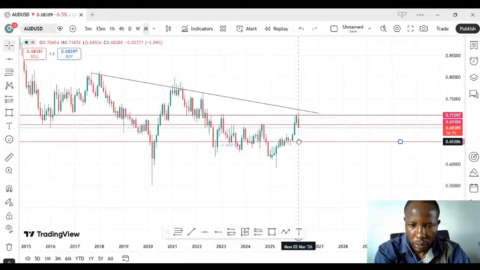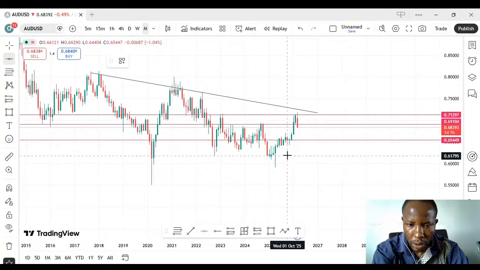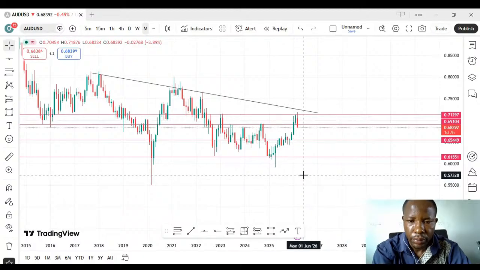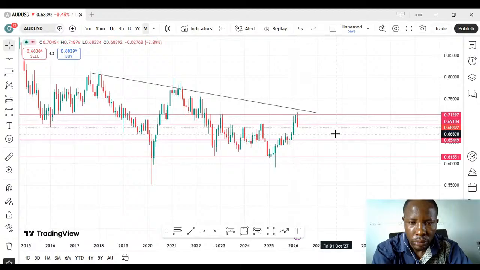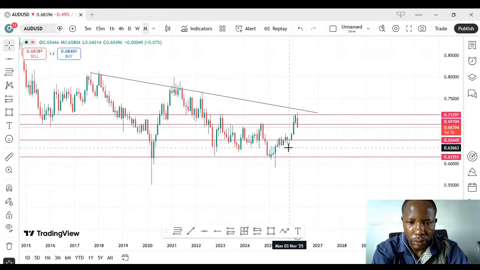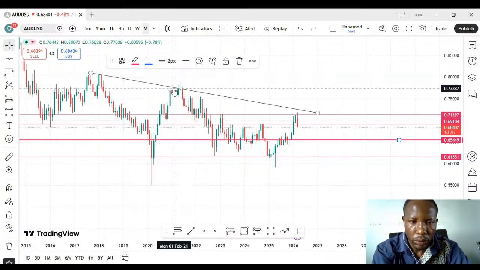Main zone. These are the major areas that price will get to, and they will start to react. Okay, so let's just make it look better.